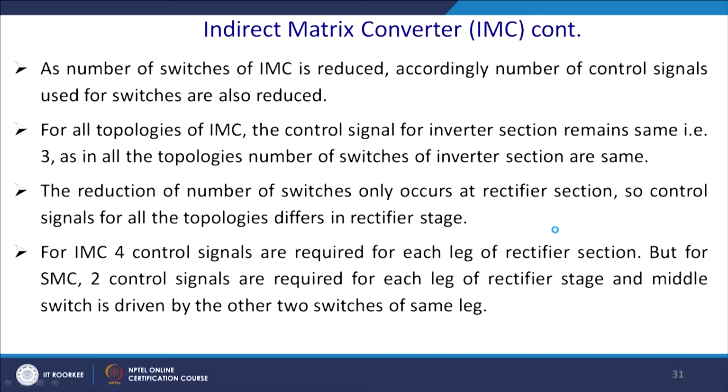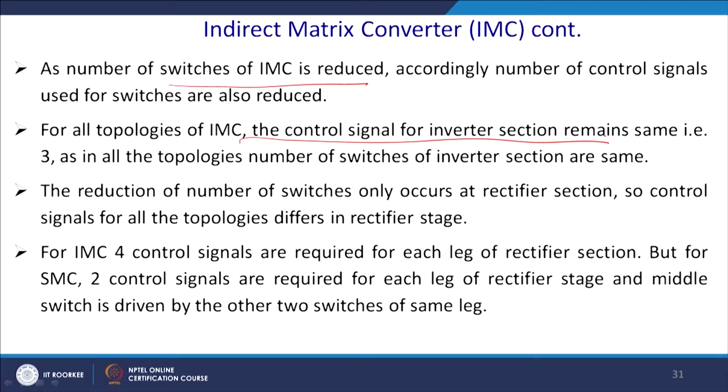So, from these discussions we can say that as the number of switches of IMC is reduced, accordingly the number of control signals used for the switches also gets reduced. That is quite a trivial statement. In all the topologies of IMC, the control signals for the inverter sections remain the same.